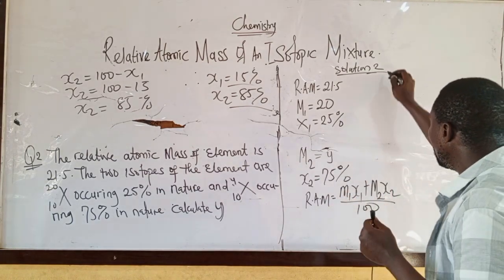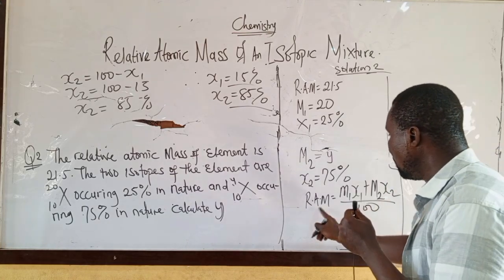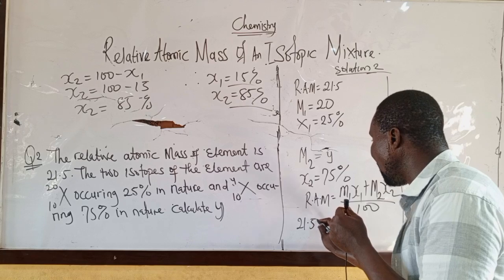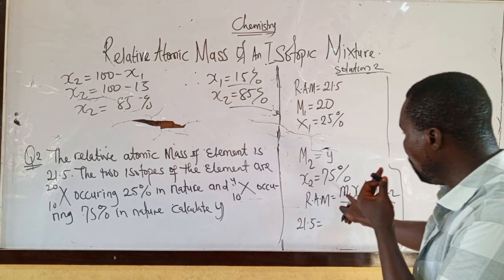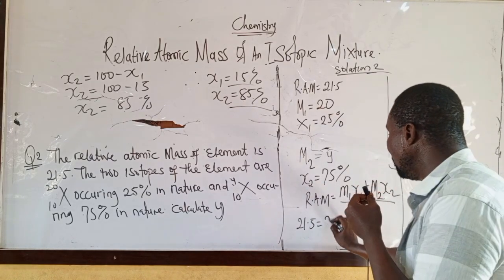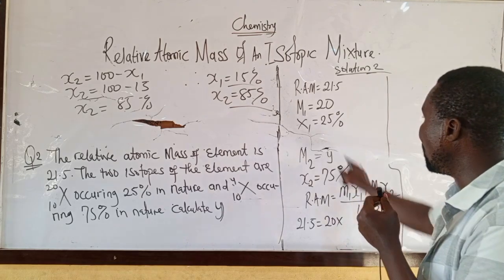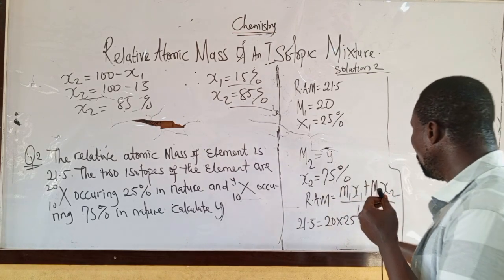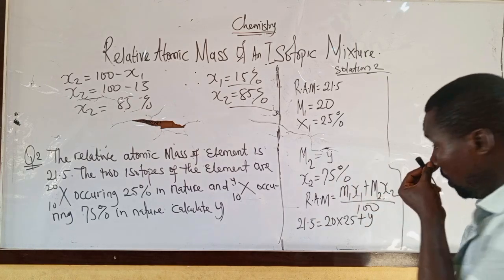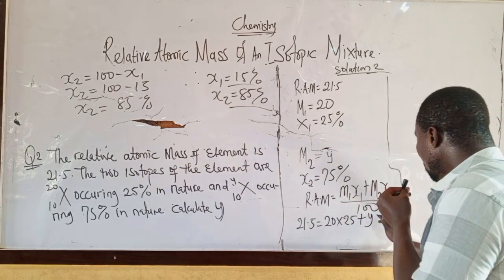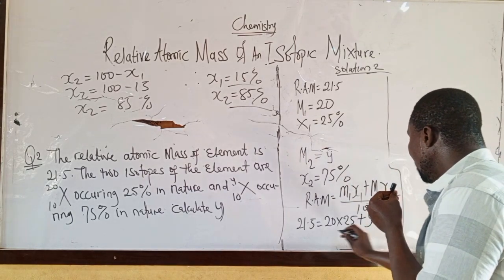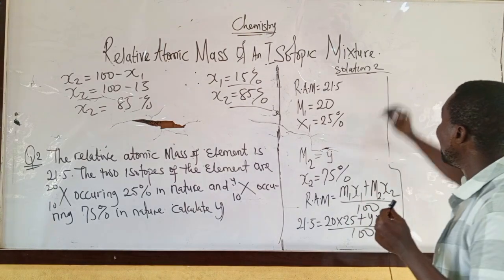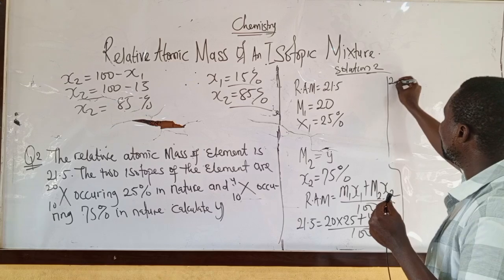Then from here, the relative atomic mass is 21.5. So 21.5 equals M1, given as 20, times S1, 25, plus N2, unknown Y, times S2, 75, everything over 100. What will I do? Solve your mathematics.